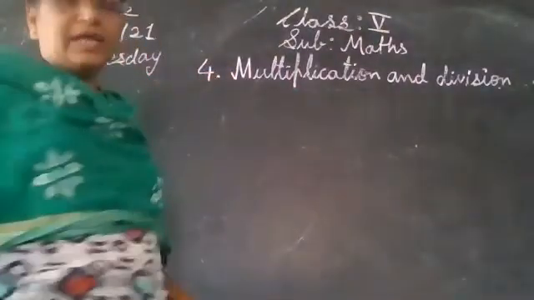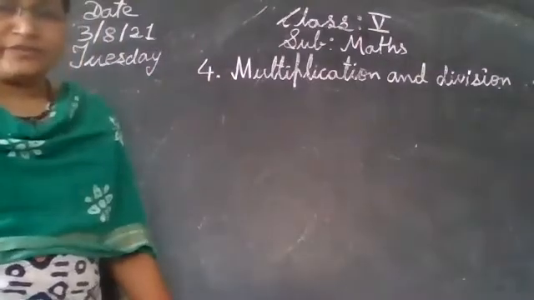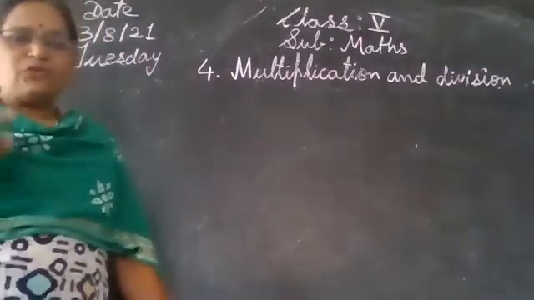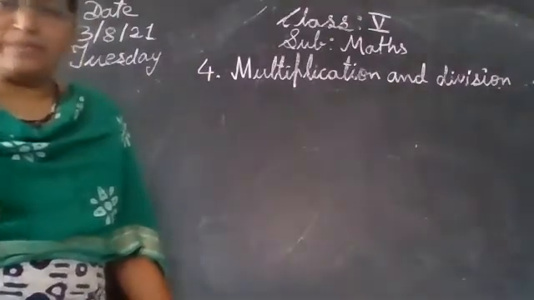Okay, so to multiply any number, first we must know the properties of multiplication. And the first property is, beta, if you multiply any number by 1, you will get the same number, or the number itself.